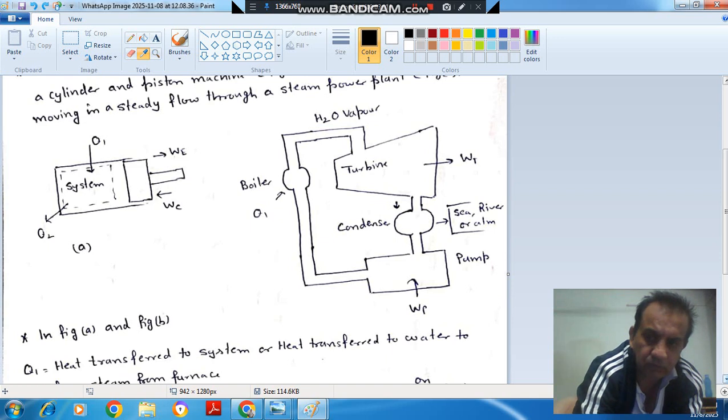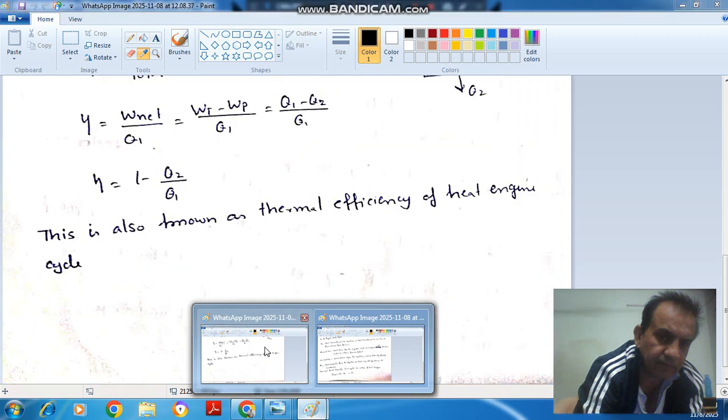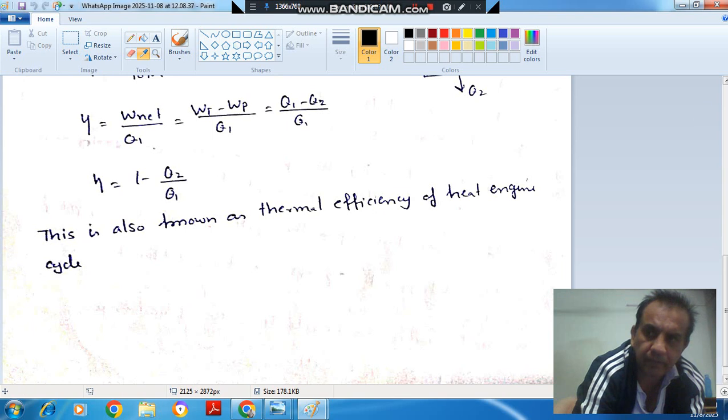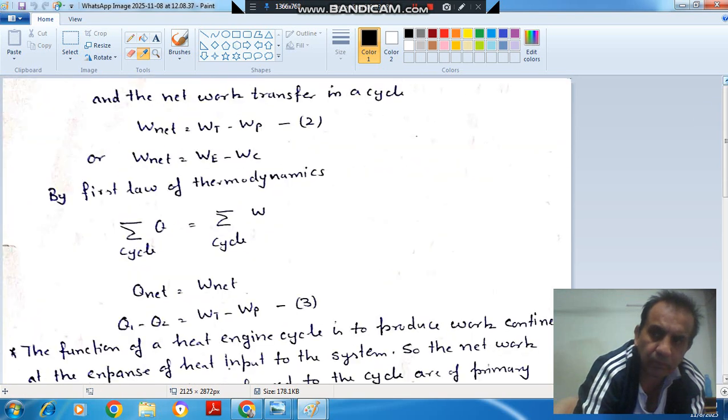So here net heat supplied is heat supplied minus heat rejected, that is Q1 minus Q2, and net work is WE minus WC or WT minus WP. In case of steam power plant it is WT minus WP, and in case of IC engine it is WE minus WC.